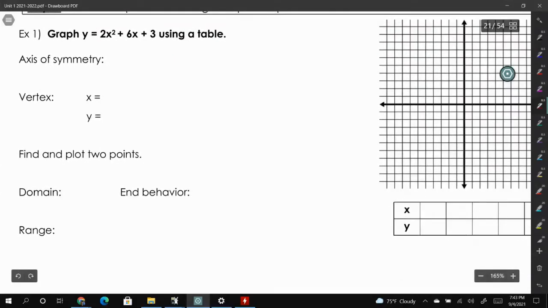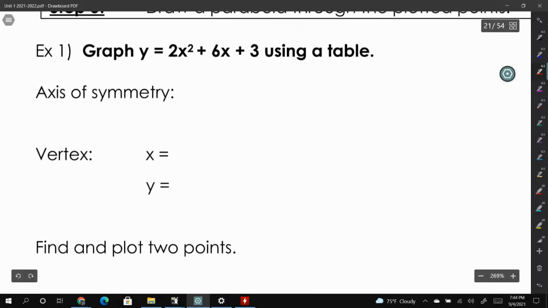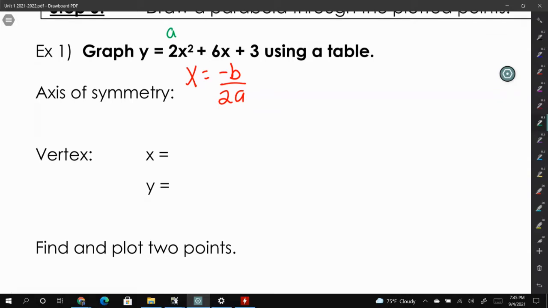So the first thing I like to do is find our axis of symmetry. Remember, the axis of symmetry is x equals negative b over 2a. And here's our a value. You know it's your a value because it's paired with the x squared. It's not a because it's first. Our 2 is our a value because it is paired with the x squared.